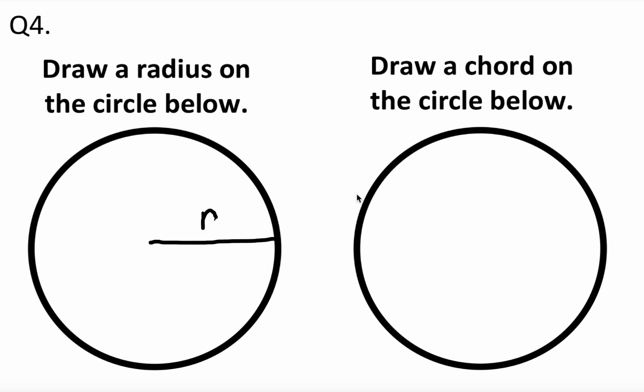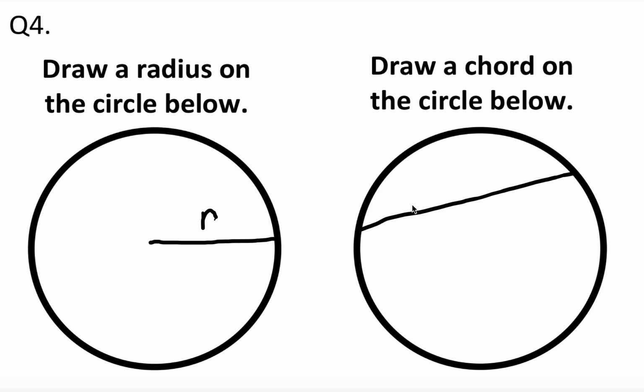And the chord is slightly different. All you have to do is draw a line between any two places on the circumference. So one place on the circumference to another place. It's got to be a straight line, and that's what we call a chord. So I could draw a line from there to there, and that would be a chord.